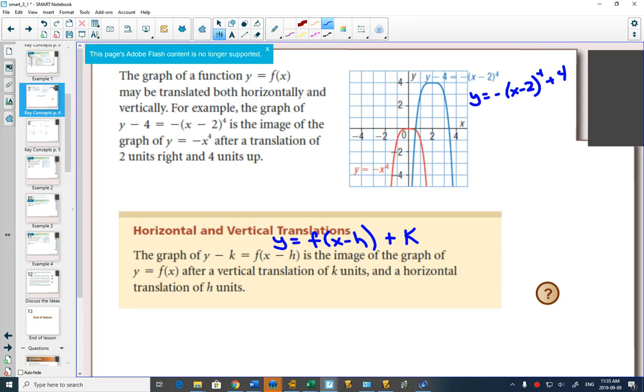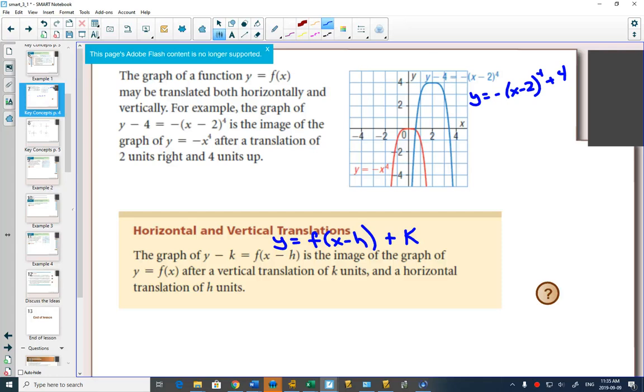And so if you have a graph to begin with, what's happened to the red graph? Can you see that the red graph has been moved 2 to the right and 4 units up? You can have both of those translations happen at the same time. Now, how does that equation show up?